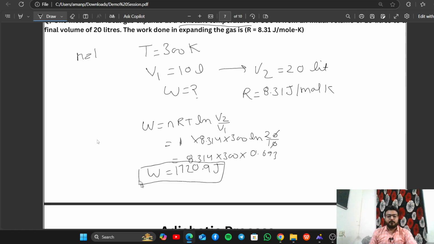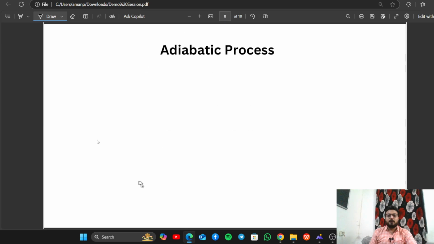Okay, so let's have a better understanding of the adiabatic process. We'll see this with a PV curve. This is the adiabatic curve. What is an adiabatic process?